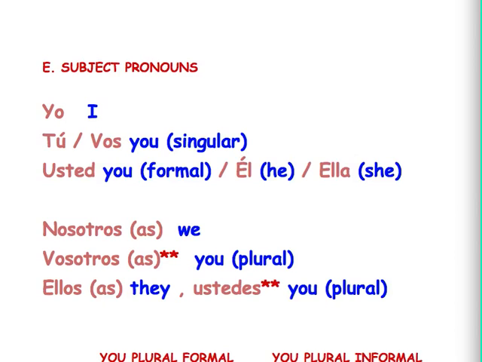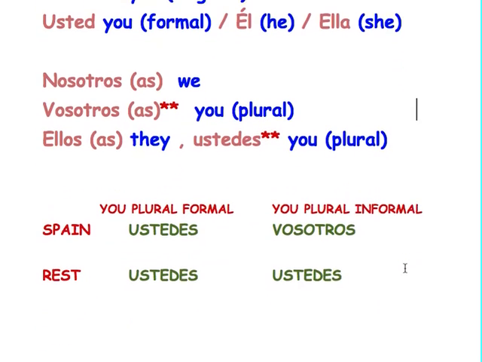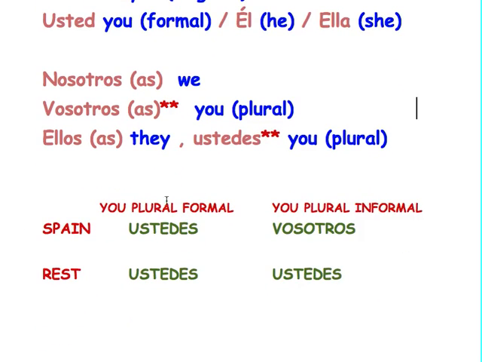They will use ustedes for both formal and informal you plural. So Spain, you plural formal is ustedes, and you plural informal is vosotros. But the rest of Spanish-speaking countries use ustedes for both you plural formal and you plural informal.